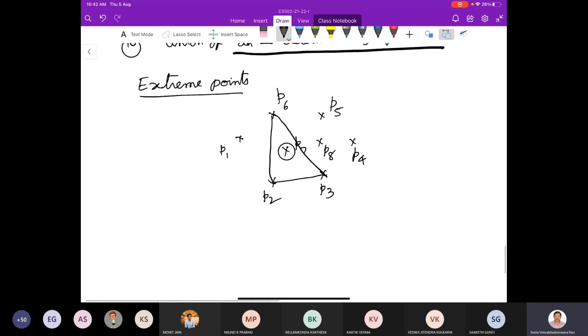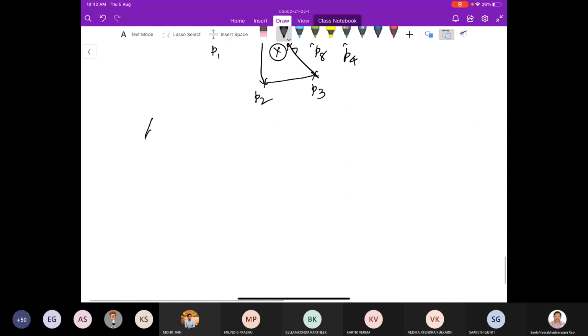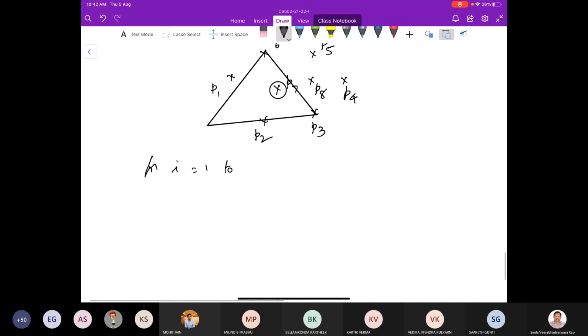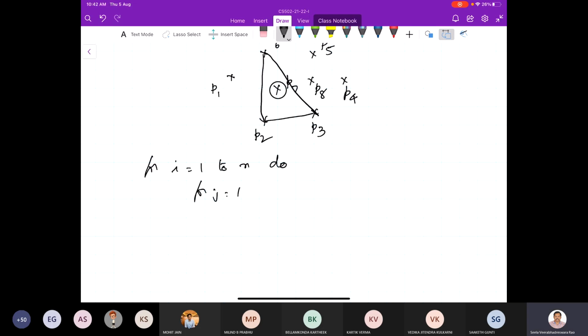So you have 3 nested loops, and we are considering all possible triangles.